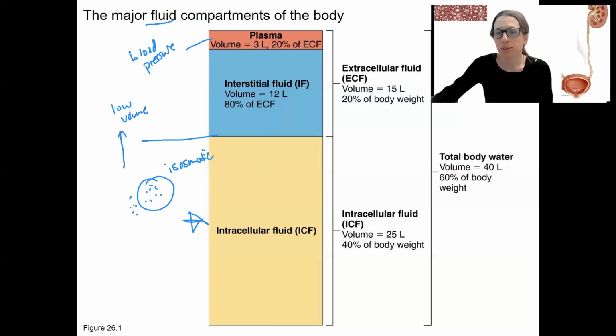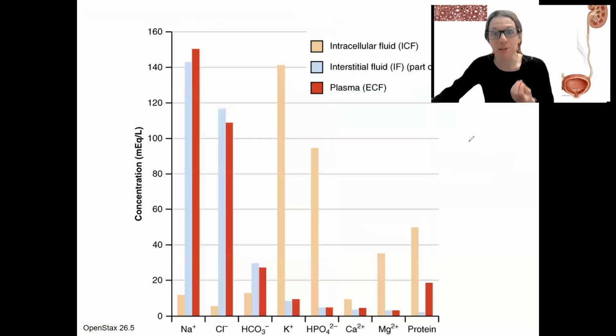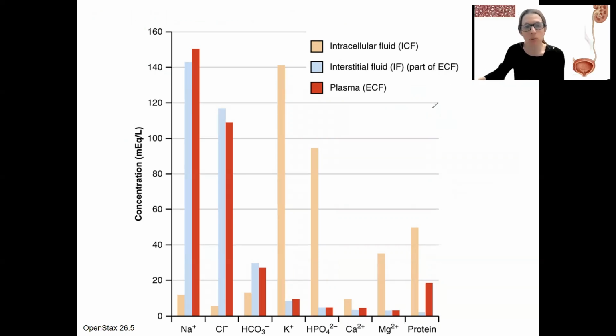So in chapter 26, there's also the discussion of the regulation of specific components, because we care about osmolarity. We're going to talk about regulating osmolarity as a whole. We also care about regulating specific electrolytes. And you already know about the function of some of these.